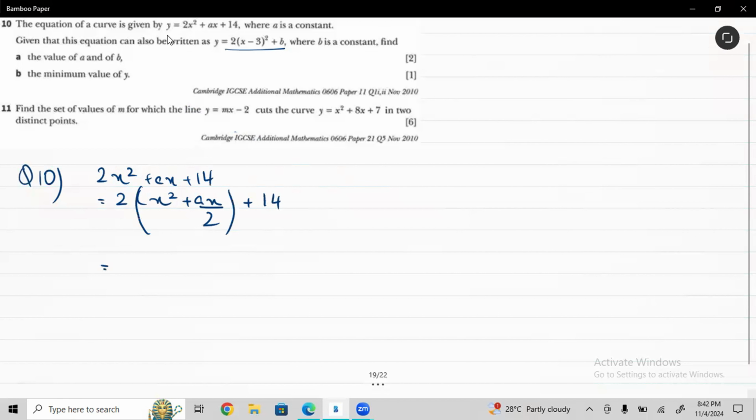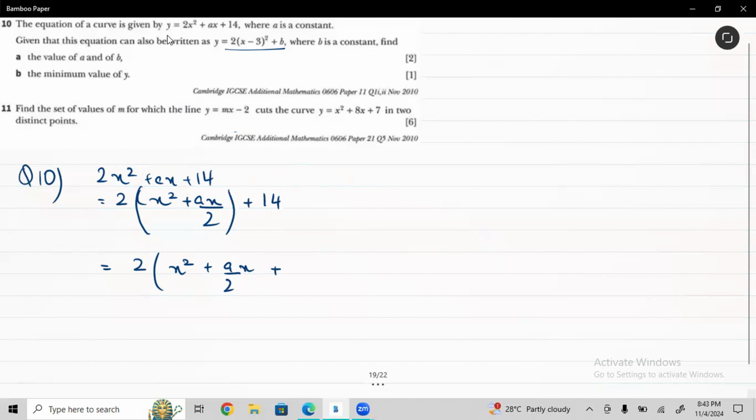What we are going to do next is open this up and turn this into x plus a upon 4 whole squared, whatever it becomes. So we take 2 as the common, x squared plus a upon 2 x. We have already discussed what we do in the squaring method. We take the coefficient of x, divide it by 2 and add its square into the equation.